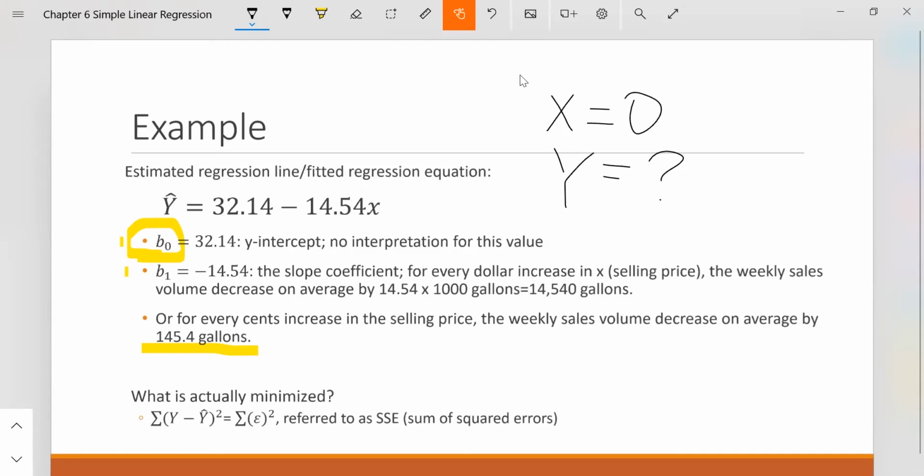No, if the price is 0, you can definitely sell more than 32,000. I don't know how much, but it definitely won't be a small number. Okay, so that's the first estimation, and we were able to interpret the slope coefficient, which is the key number we find.